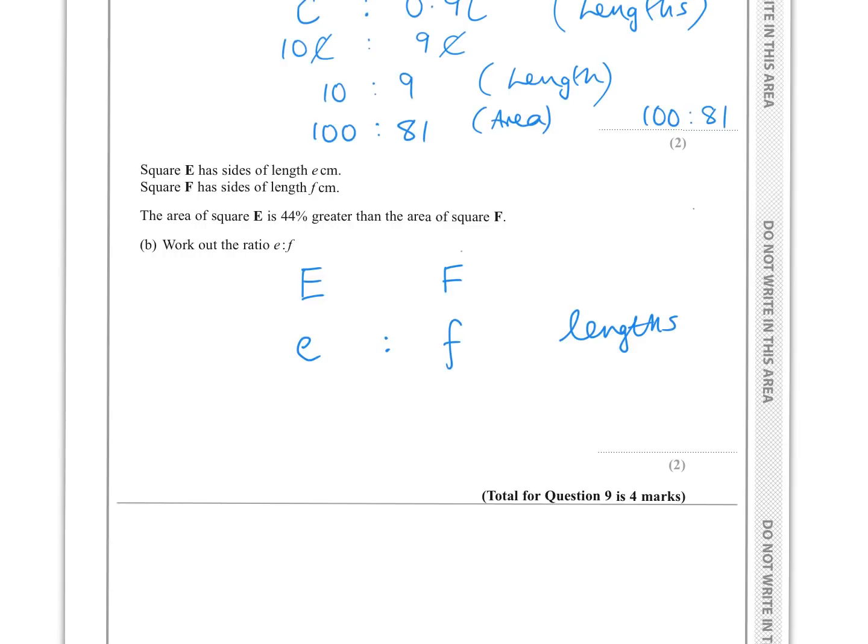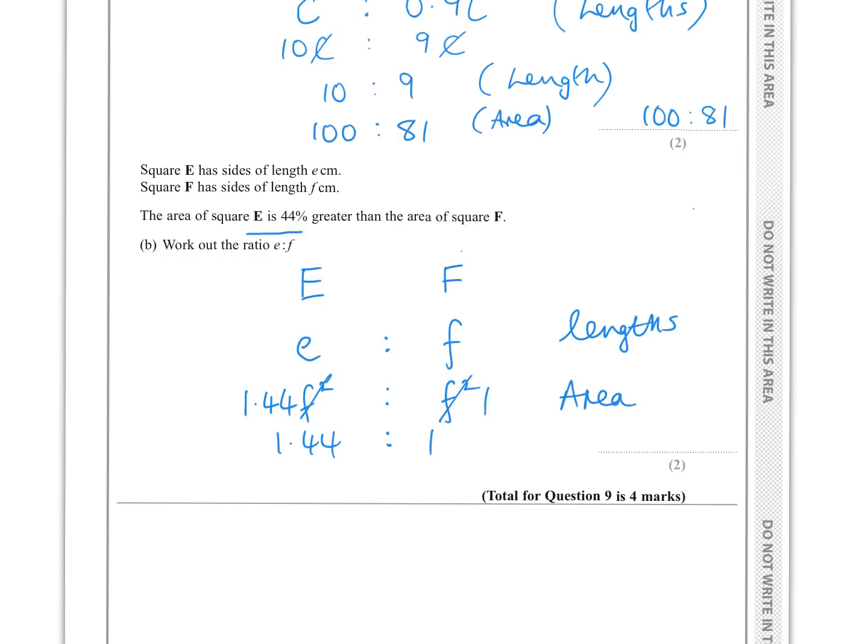Now, the area of square E is 44% greater than the area of square F. So in terms of areas, we have f squared for this one, and the square E is 44% greater than that, so we just times it by 1.44 as a multiplier. So we can divide both sides by f squared and we get 1.44 to 1.